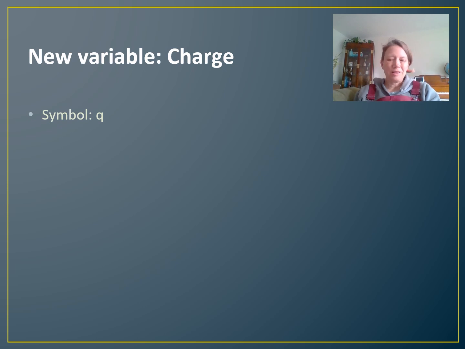Now, unfortunately, the symbol that scientists use for charge is a little bit weird. It's a Q, it's a lowercase q, so when you see q, you know that we're actually talking about charge. The units for charge will be the coulomb, which is a capital C, which means that we measure charge in number of coulombs.